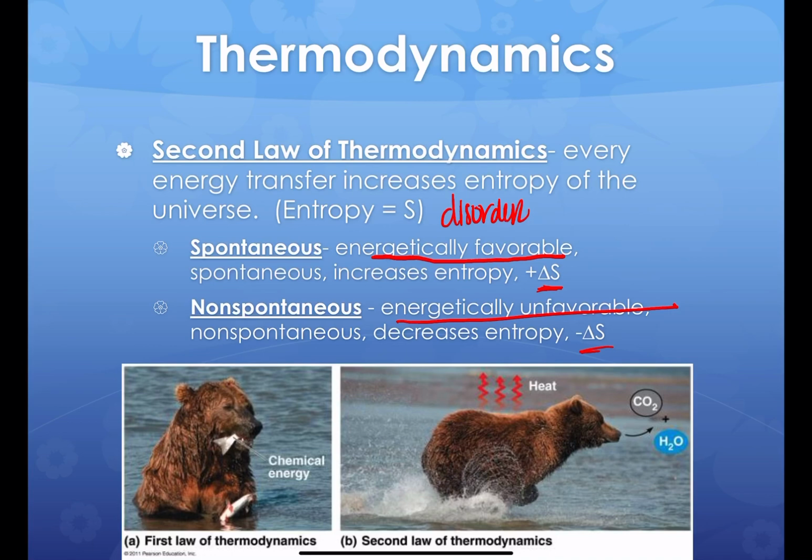For example, in this fish that the bear is eating, energy is stored and bound up in that fish. That's a very energy-stable form. When the bear eats the fish, it gets the chemical energy that's bound up in the fish, and it releases it as heat, carbon dioxide, and water. That is a spontaneous reaction. The energy that was in this finite little package of a fish has now been released to the environment.